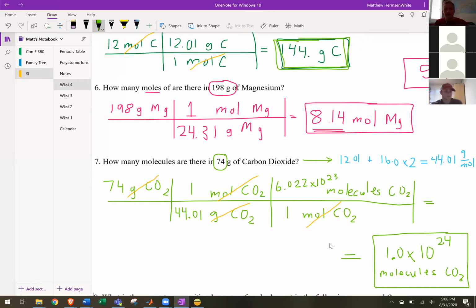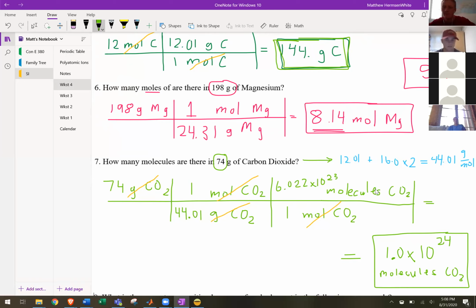What questions do you have on numbers 5, 6, and 7? Question about the conversion from moles to molecules and atoms. Yep. So are atoms and molecules just the same thing if you just times it by Avogadro's number every time, or what's the difference? Yeah, great question, Ryan.